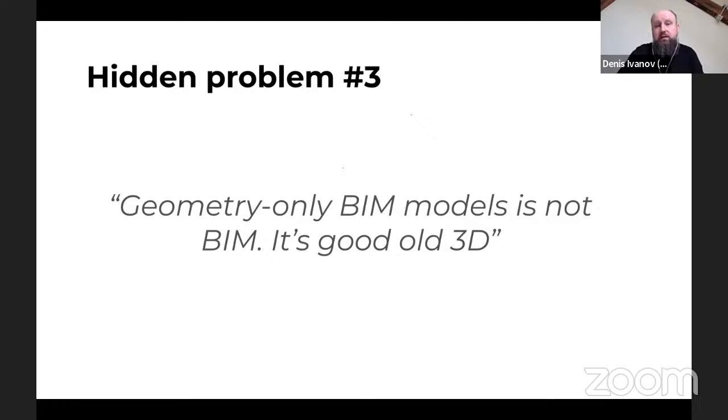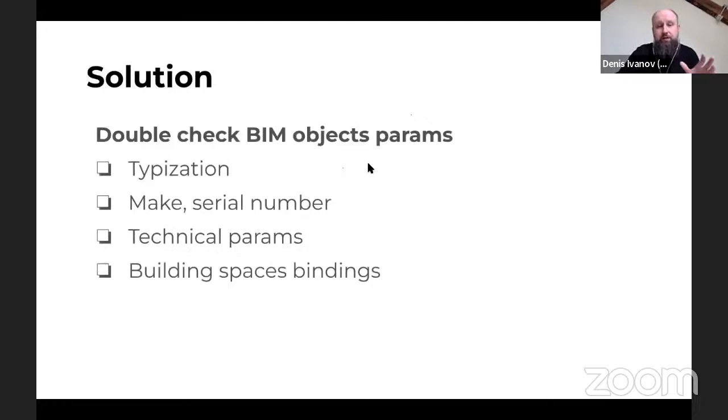And sometimes it looks really great, but when you receive your BIM model and start a BIM integration project, first of all, you should check the typization. So if it's, for example, a heater, you should see that it's part of the heaters group, and all the heaters are part of climate control systems.